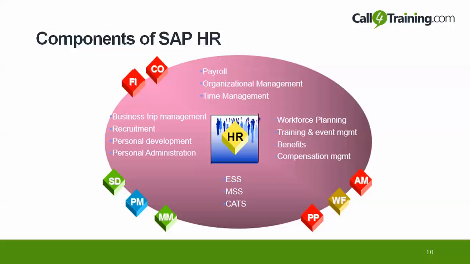When we talk of personal administration, it means it deals with the personal details of the people, of the employees. When we talk of personal development, it talks about the development of the employees and how they can develop. That also is a part of the benefits.